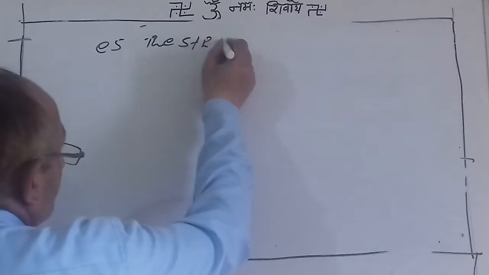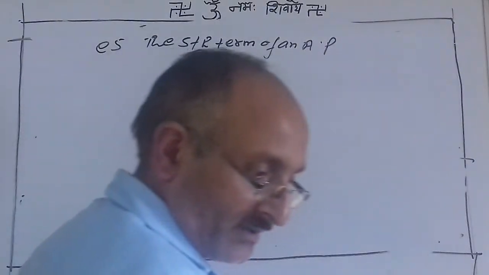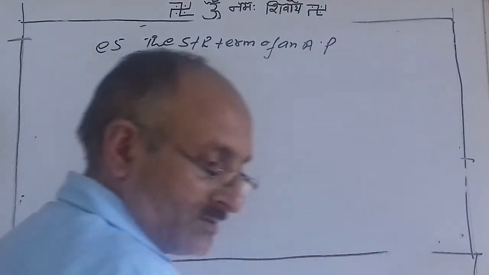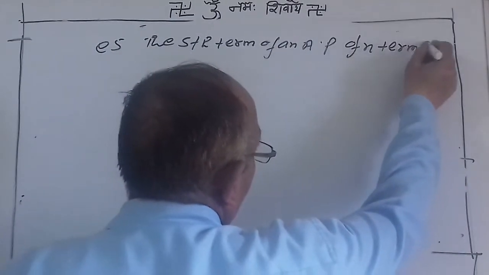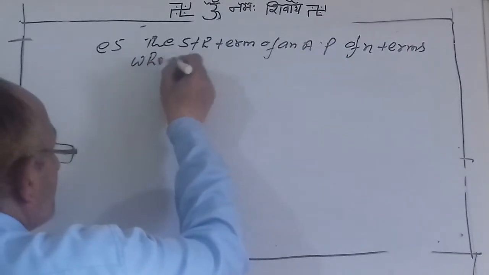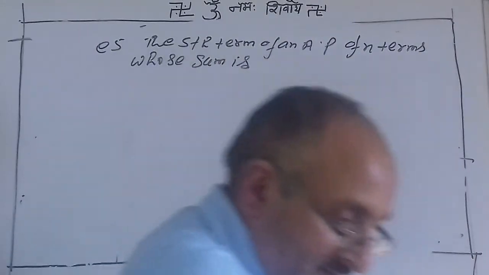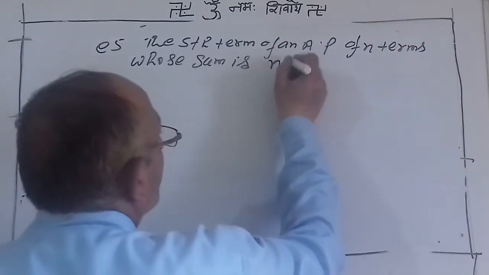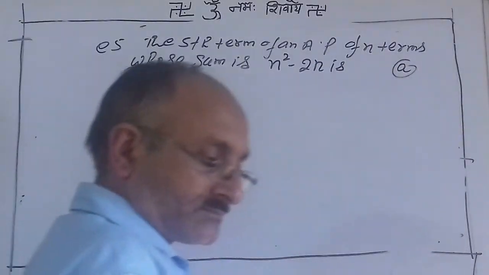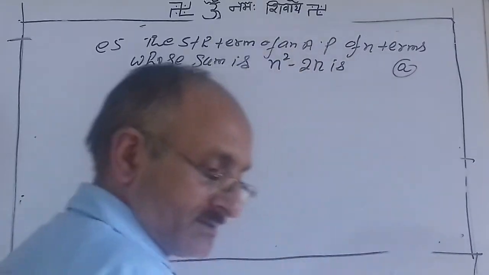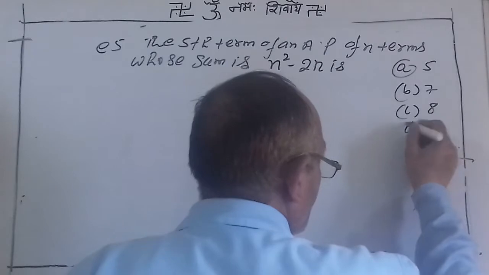The fifth term of an AP of n terms whose sum is n square minus 2n is: the options are 5, 7, 8, 16.